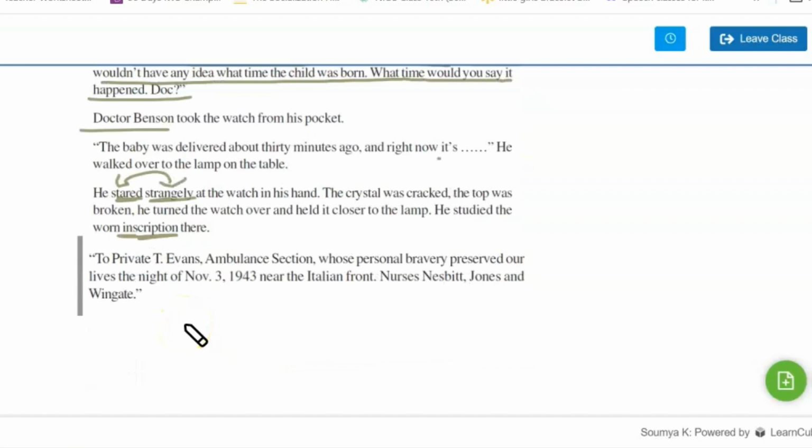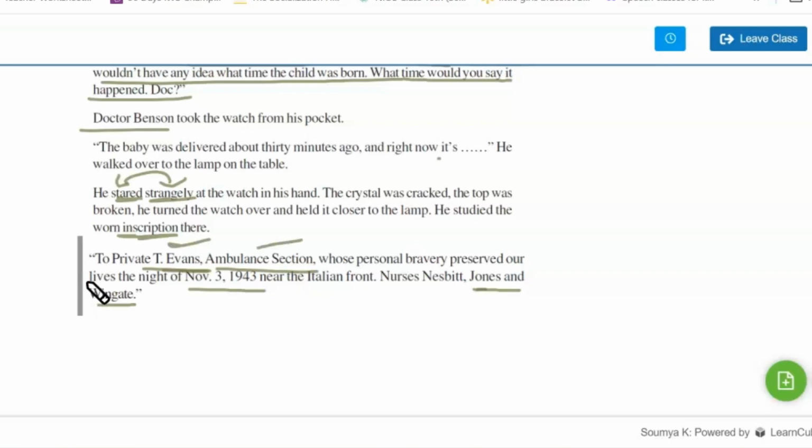So it is written, to Private T. Evans, ambulance section, whose personal bravery preserved our lives the night of November 3, 1943, near the Italian front, nurses Nesbit, Jones, and Wingate. So Dr. Benson identifies that the watch has an inscription written to the person Evans, who is from the ambulance section, and he has shown some bravery.